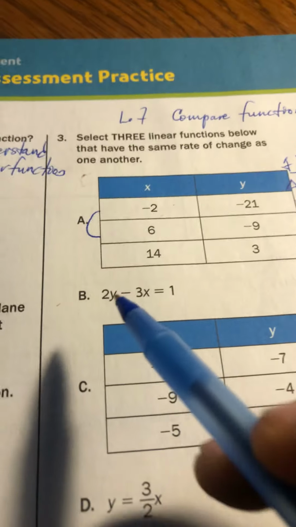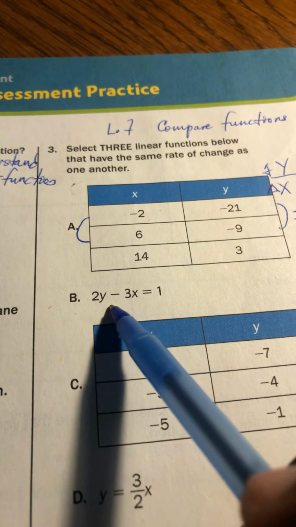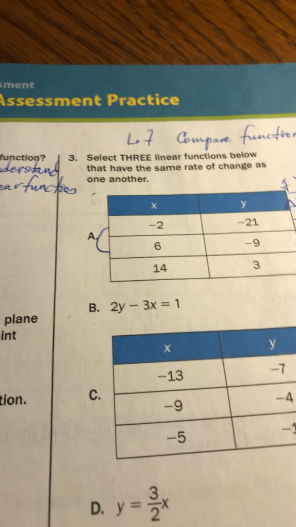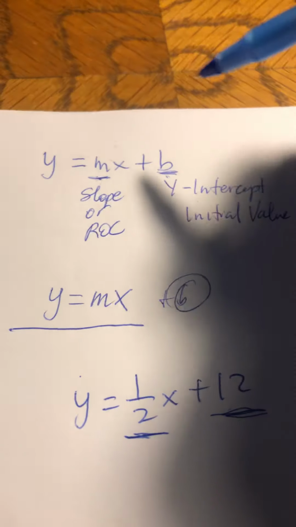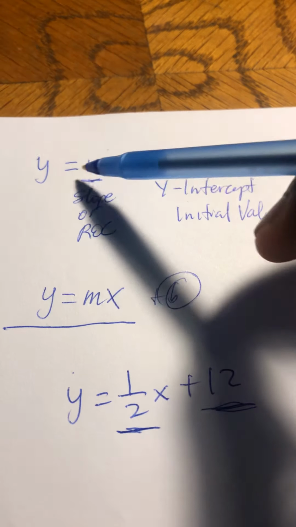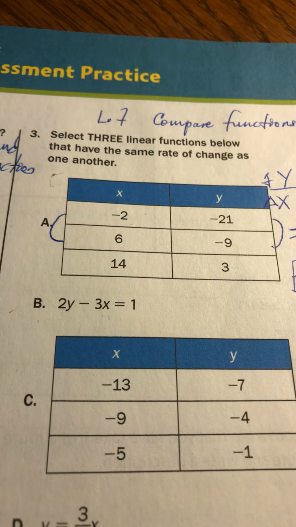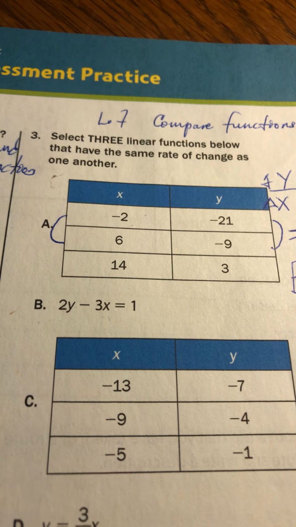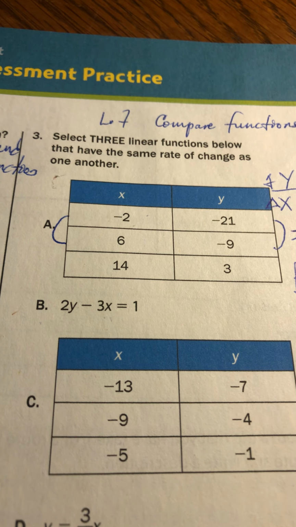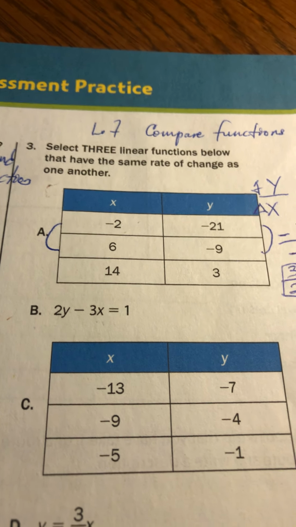All right, question B says 2y minus 3x equals 1. Now, remember, our equation form for a linear function is y equals mx plus b. So if it's not already in the form of y equals mx plus b, you have to rewrite it that way. And for you to rewrite it, all you have to do is make sure you get your y alone.